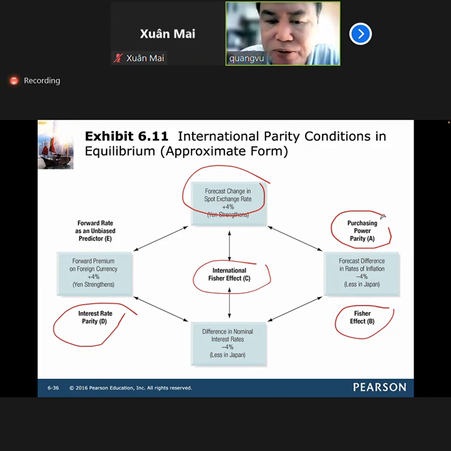And that signals to you that the fair exchange rate between Vietnam dong and US dollar now should be 25,000 Vietnam dong per dollar, not 24,000 anymore. Why?